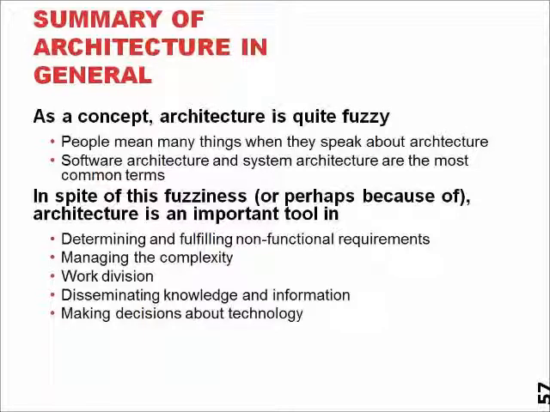The idea of architecture is to describe or define the non-functional requirements, manage the complexity of doing development work, division of work, meaning what sort of people we need, how many people we need, when we are doing different things, disseminating knowledge and information, meaning that everyone can more or less read other people's intentions and ideas of what we want to do, and it also enables us to make decisions about technology.